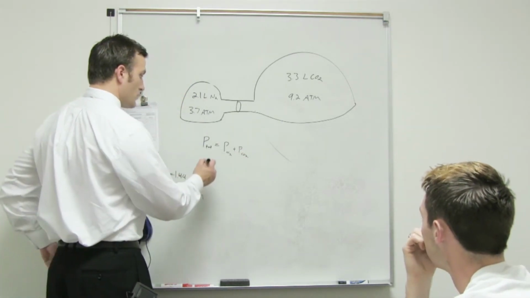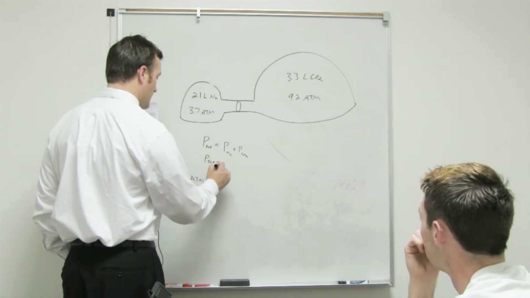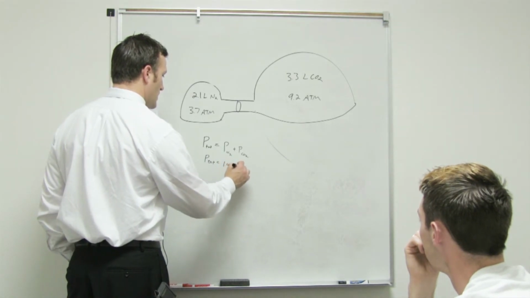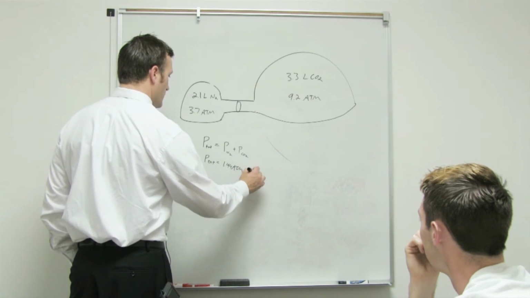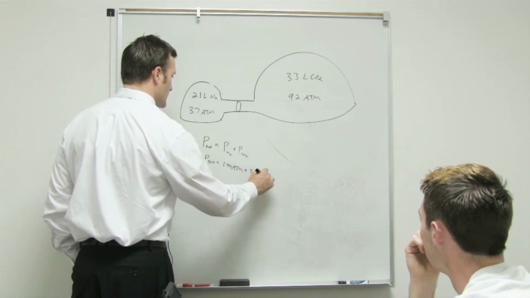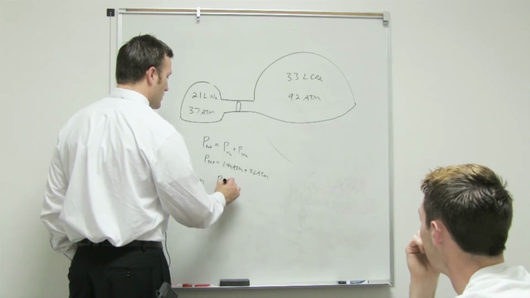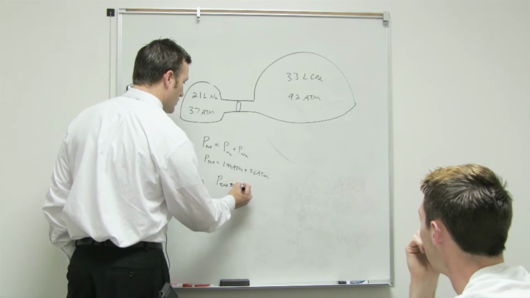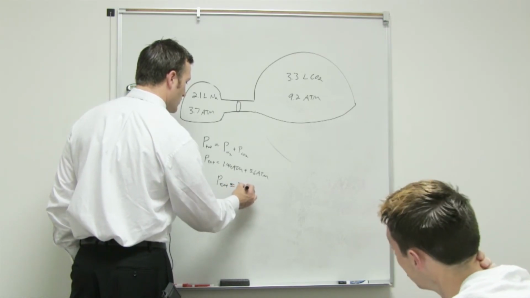Okay. So you want the total pressure in the container. You have to say, and he rounded them, 1.44 ATM plus 5.6 ATM. I'm writing crooked, but the total pressure equals 7.04 ATM.